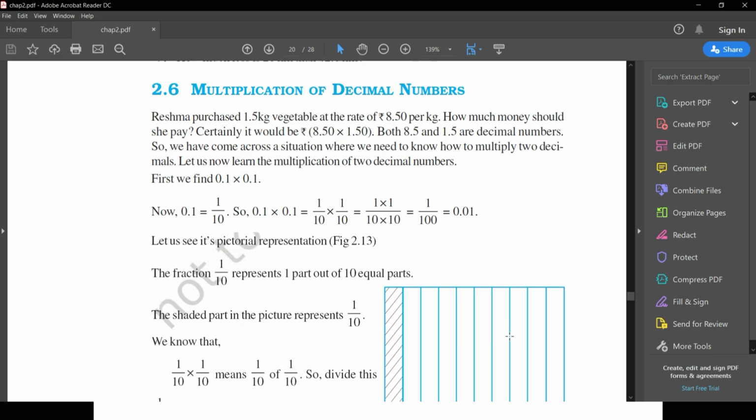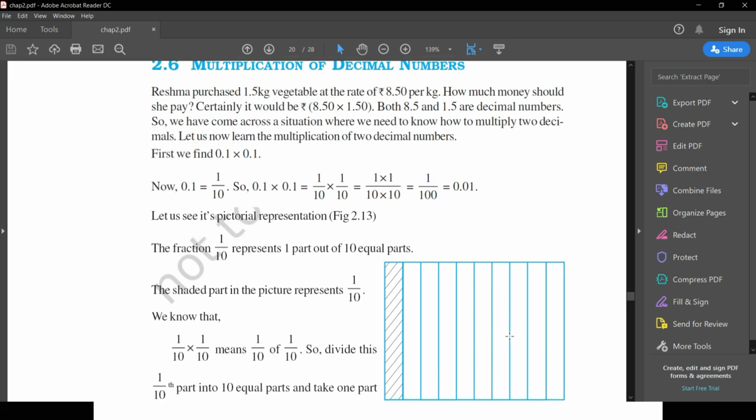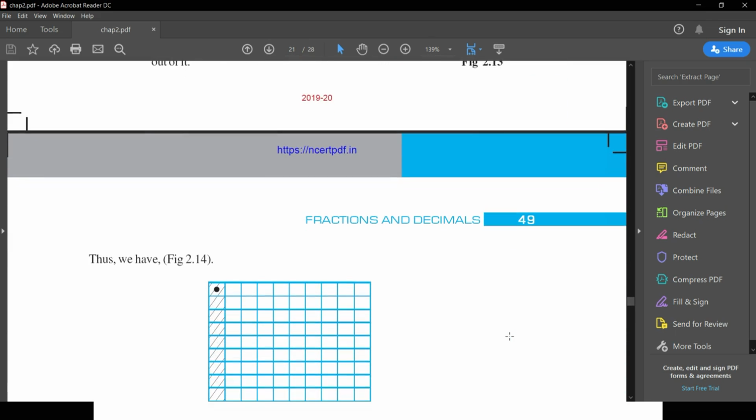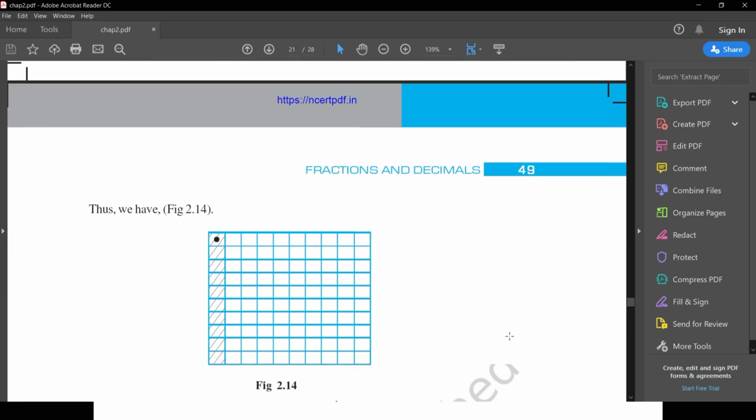Now how can we represent this with the help of a figure, by showing the fraction of the whole? You see this picture: one whole is divided into 10 parts and one part is shaded, so this is 1 by 10. In the same way you can make 1 by 10 in another figure, and if we multiply, you can see the final result with the help of figure 2.14.